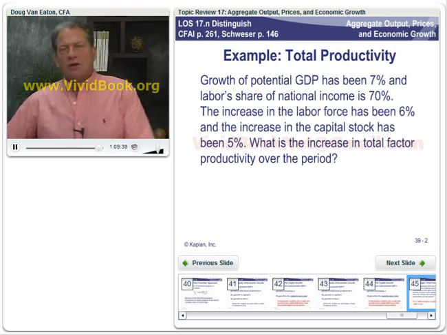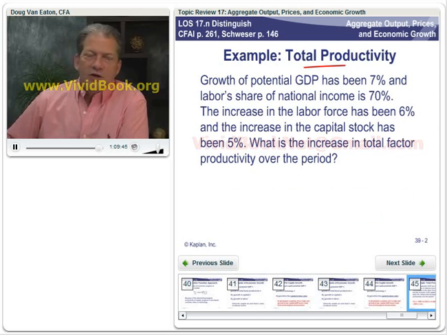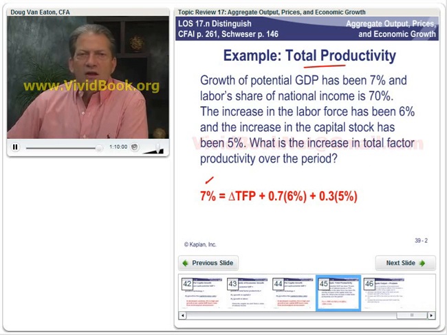Let's take a look at a numerical example of this total productivity. I mean, the math is certainly not challenging. We need to remember the formula, but it gives us some insights into this model so we understand it better. Okay. Here was our formula. It said the growth in potential GDP equals change in total factor productivity plus labor's share of national income times growth in labor plus capital's share times growth in capital.